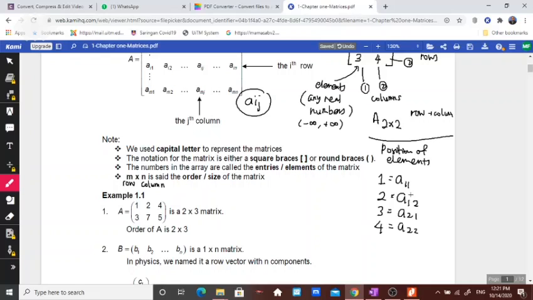So this is how we determine the position of an element, by reading the row and the column of the matrix.